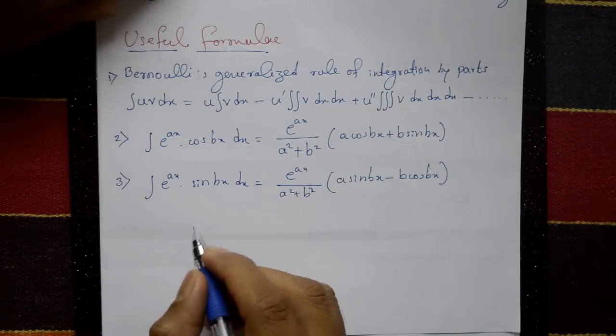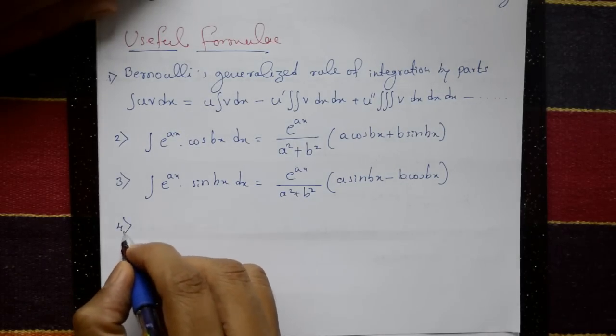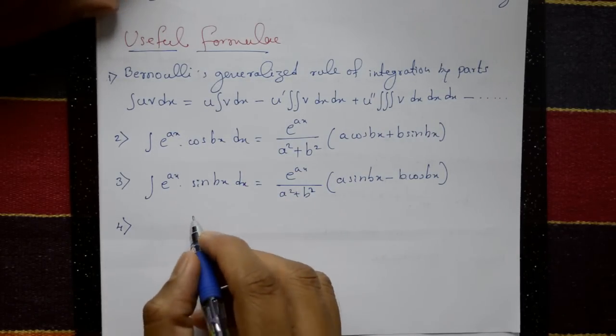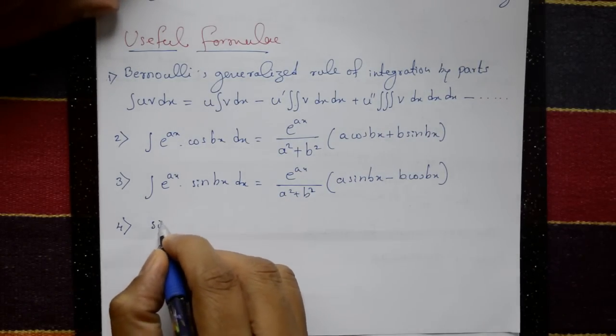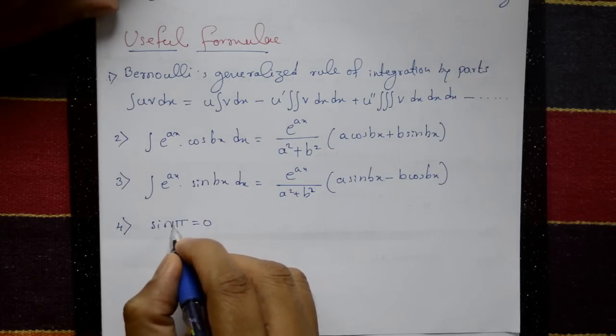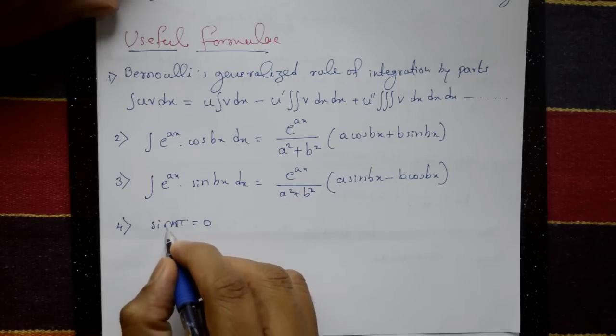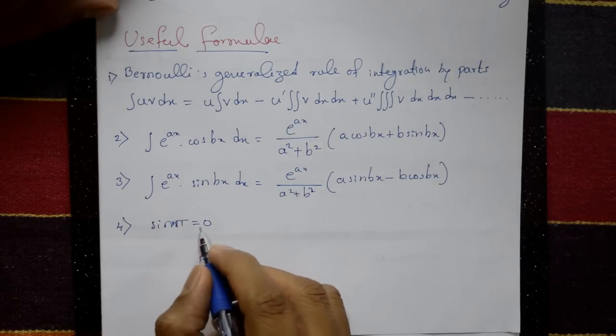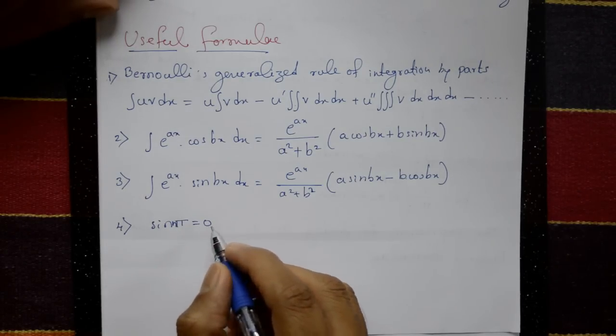Okay. Next one is a very important formula: sin n pi is equal to 0. Sin n pi, 180 degree, sin 0 and sin 180 degrees are 0.